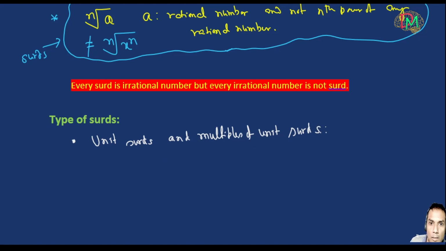Okay, let's take one example. Root 3 is a unit Surd. If I told you 2 root 3 or 5 root 3, it is the multiple part, meaning actually it is 5 into root 3. So it is called the multiple of the unit Surd.